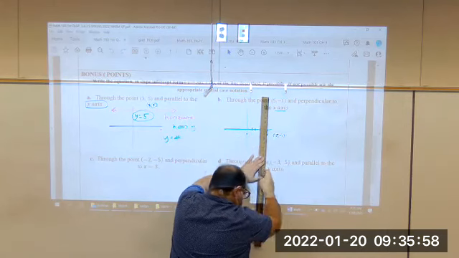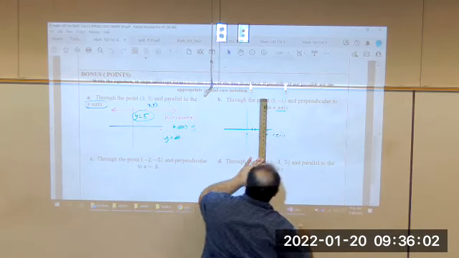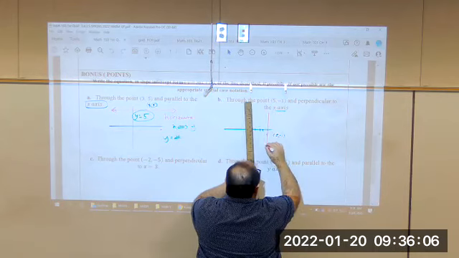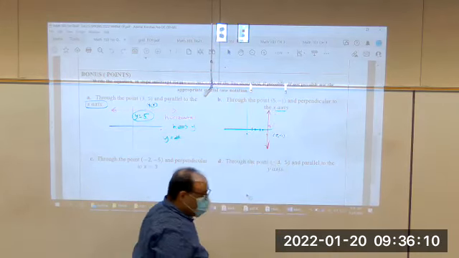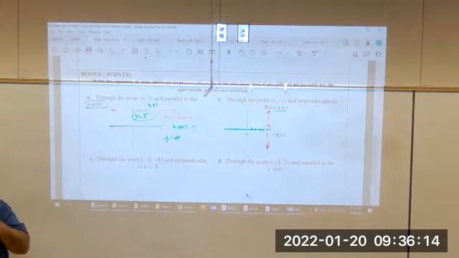It would have to be vertical. To be perpendicular to the x-axis, it would have to be a vertical line. And that little box right there, remember I told you on Tuesday, that means 90 degrees. That's the symbol if you want somebody to believe you just drew a perpendicular line.